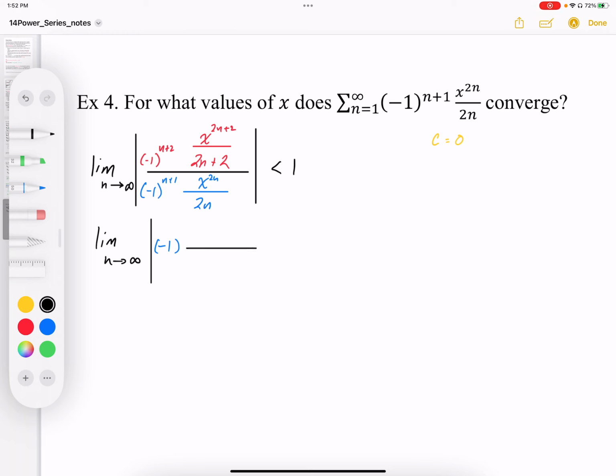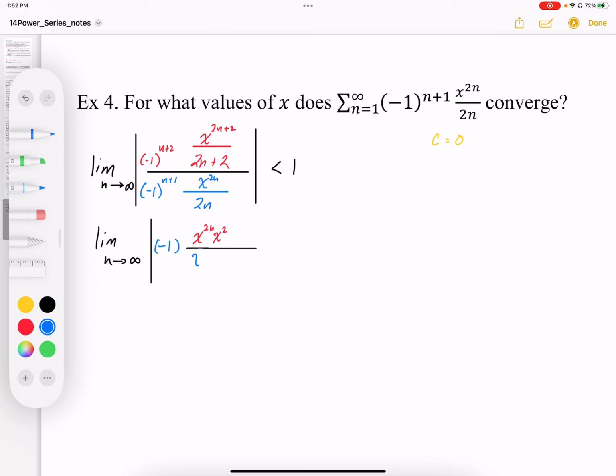Group together my x terms. My x terms will have x to the power of 2n, and then x squared.